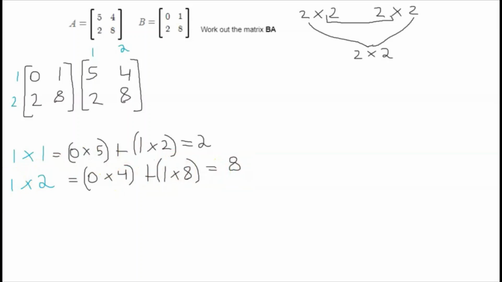And finally, this next one, let's do row 2 times column 1, which would be 2 times 5, which would equal 10, and now you'd be adding that to 8 times 2.